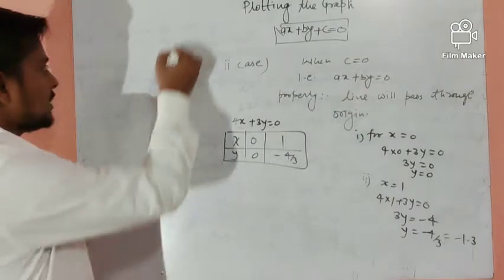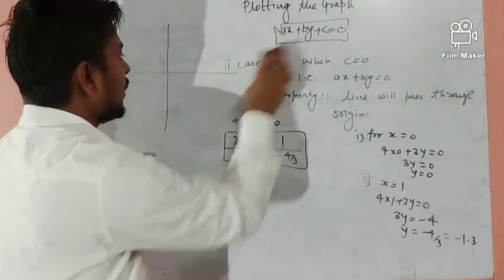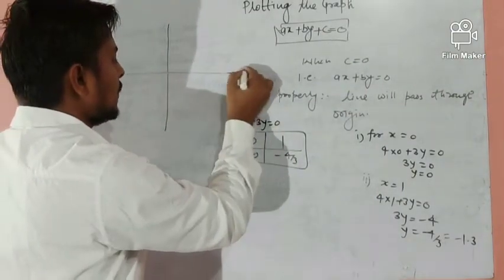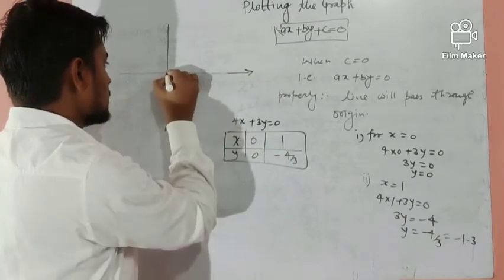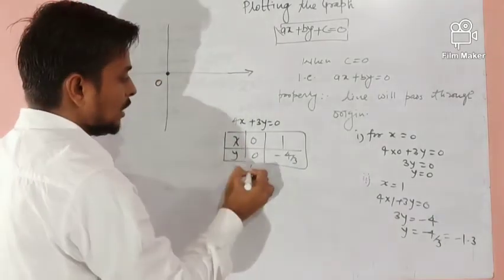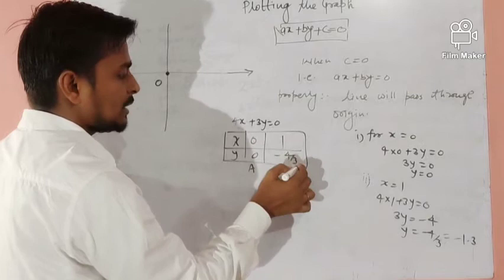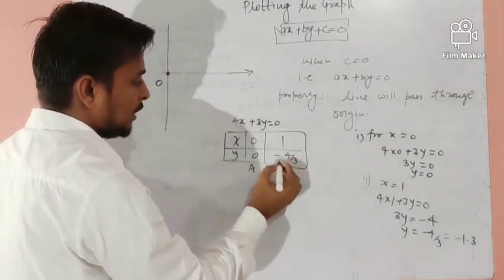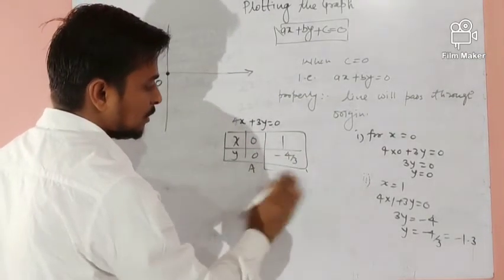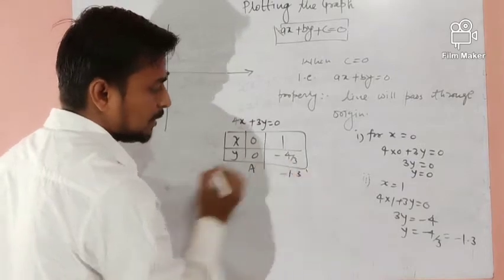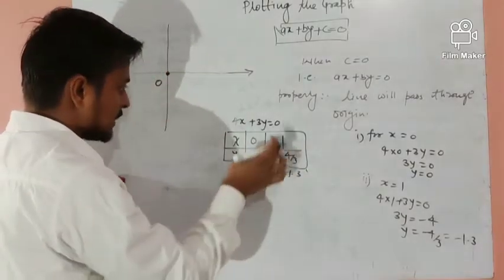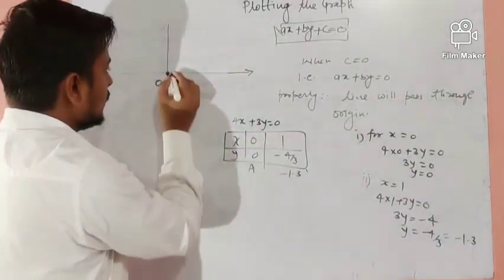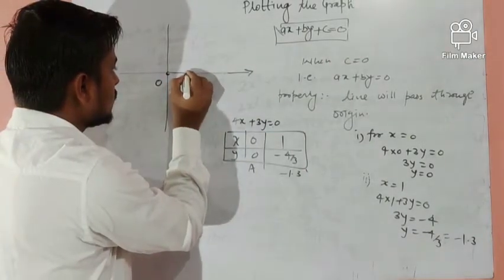So to plot this very easily, we can plot it how? 0, 0 means origin, one point is here, A, and 1 comma minus 4 by 3, or you can write it as minus 1.3. So this 1 is positive, means on the x-axis 1 unit.